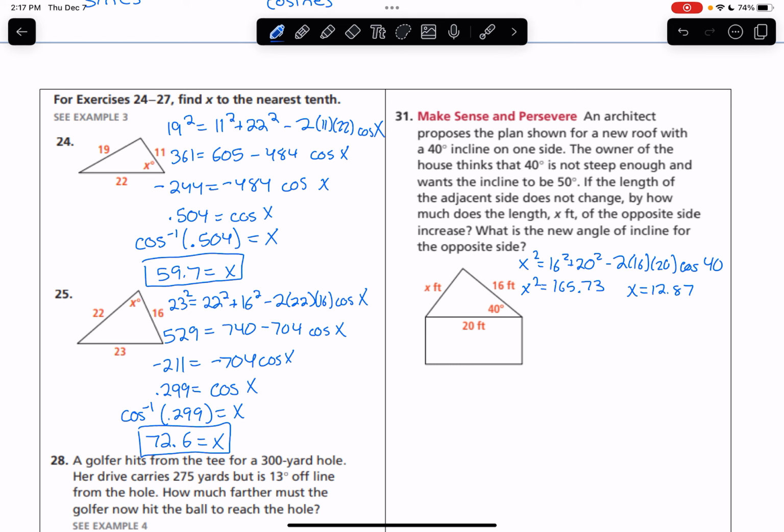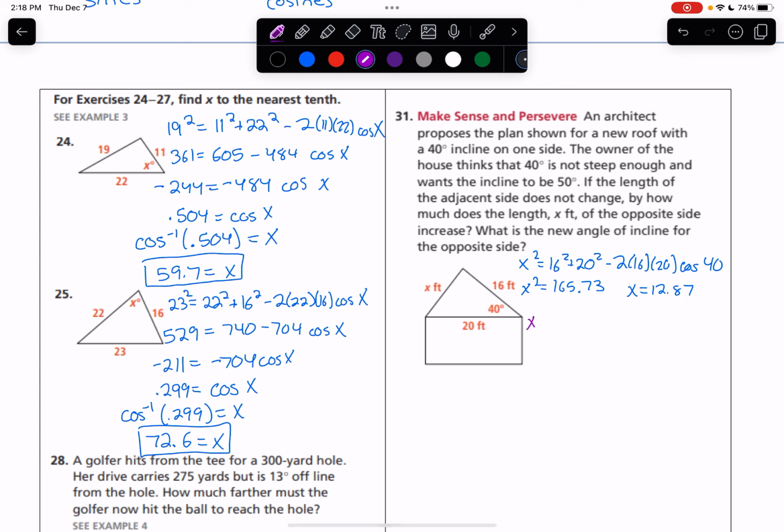The question that we were asked is, if we make this angle 50 degrees instead of 40, how much longer is the opposite side, side x? So let's redo this with a 50 in here instead of a 40-degree angle. We'll change our color here for good measure.